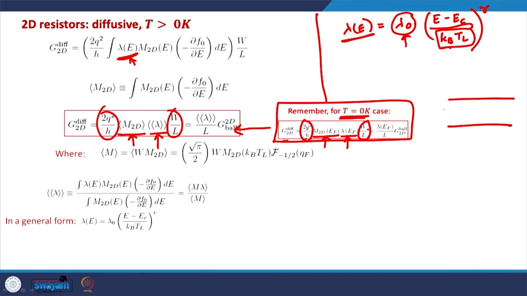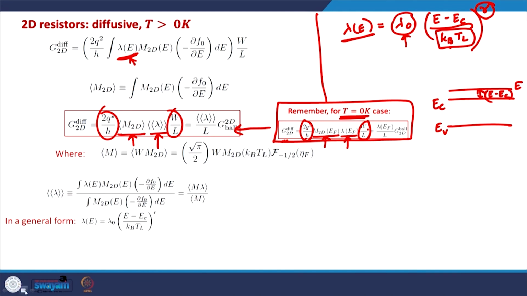If this is roughly the band structure, the difference between the electron energy and the bottom of the conduction band will govern the mean free path of the electrons in the crystal or in the channel. This exponent depends on the kind of scattering mechanism present in the crystal.